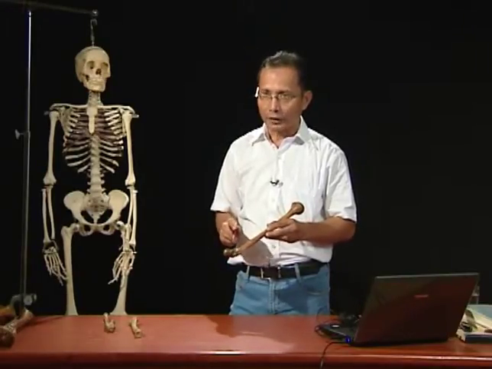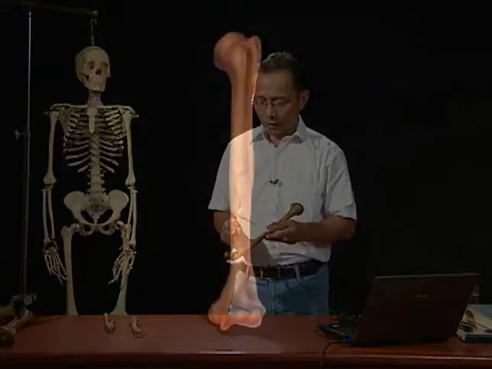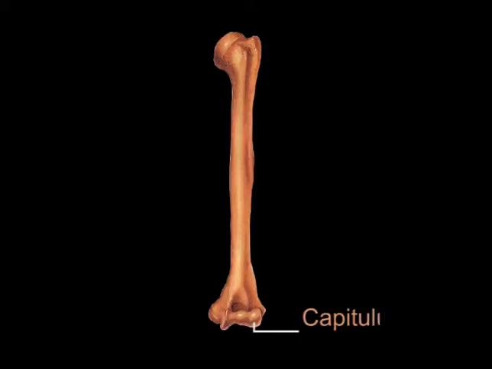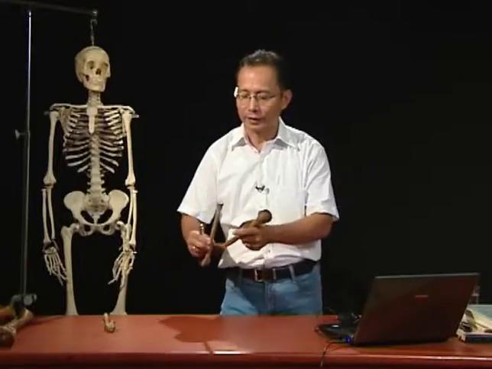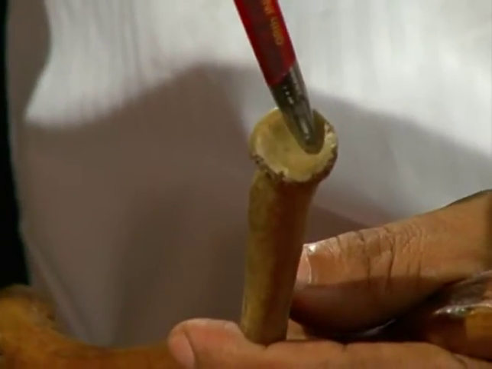Now you see, this lower end has articular part and non-articular part. This capitulum articulates with the fovea capitale of radius. You see, this is radius and this is fovea capitale.